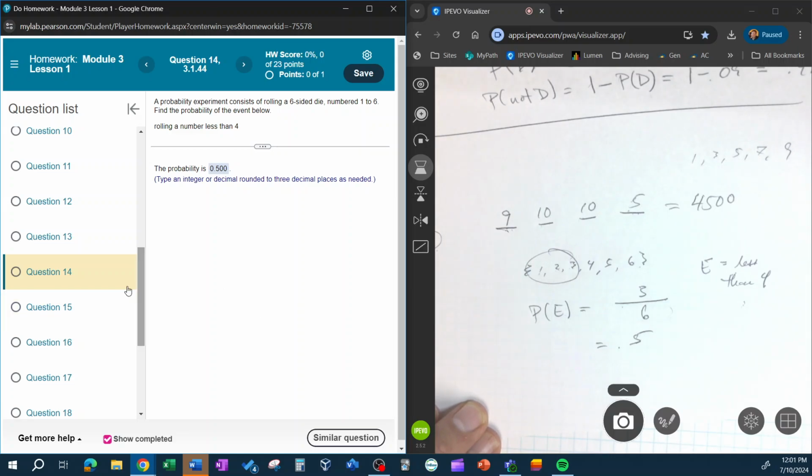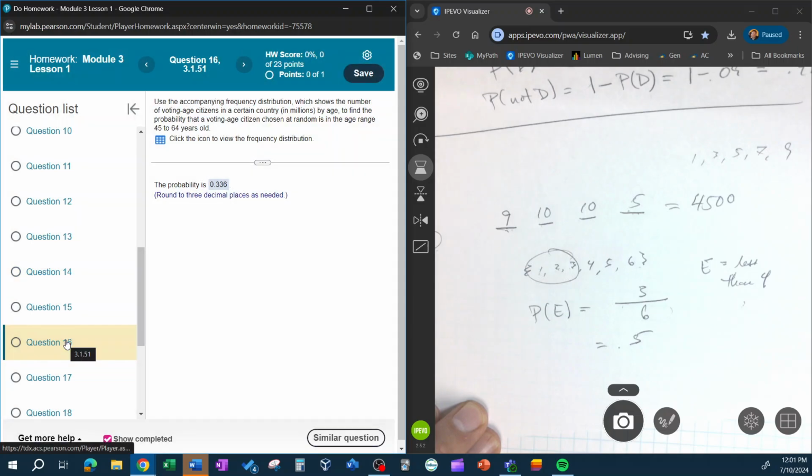All right, let's do one more. Let's do number 16. It says there's a frequency distribution, so that means the number of counts is going to be displayed. The number of voting age citizens in a certain country by age. Find the probability that a voting age citizen chosen at random is in the age range from 45 to 64.